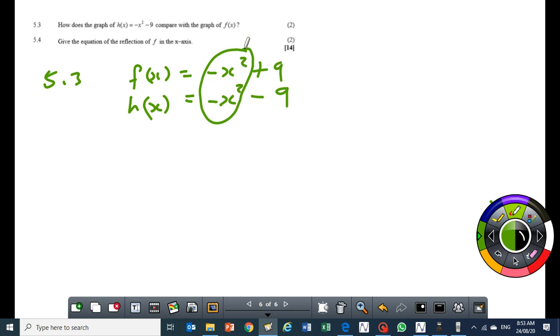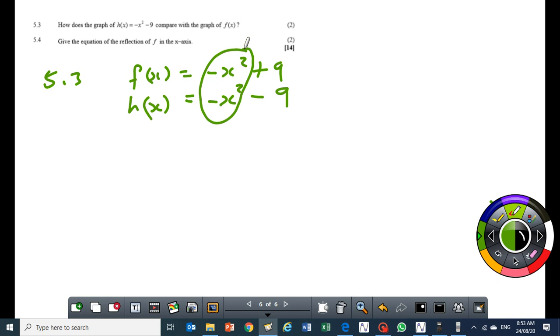Okay, 18 units. You are at positive 9, which is above the x-axis. Minus 9 is below the x-axis. So what that means is the graph of h of x is a translation of f of x by 18 units downwards.